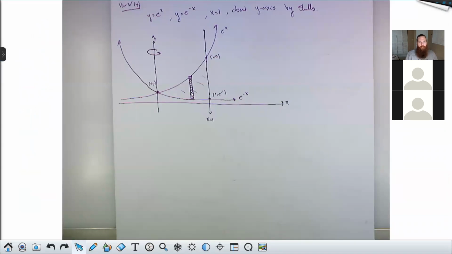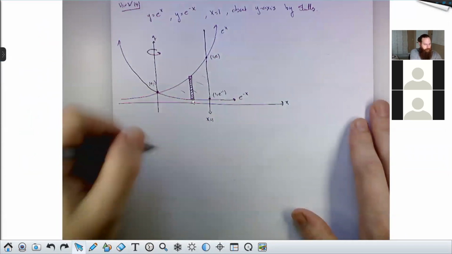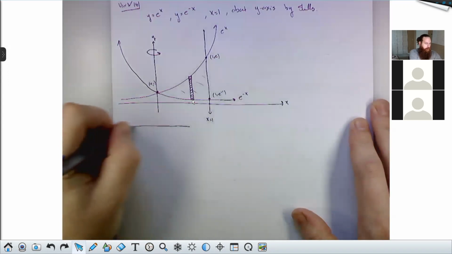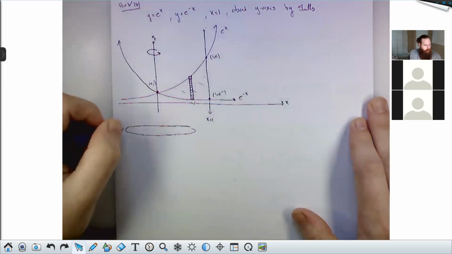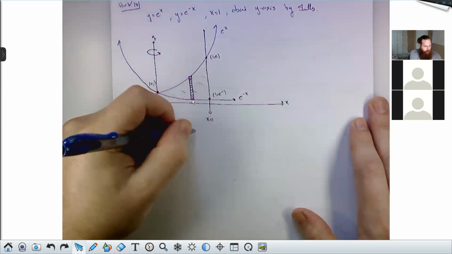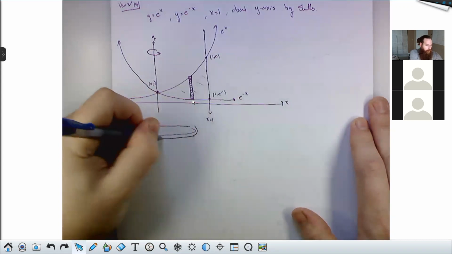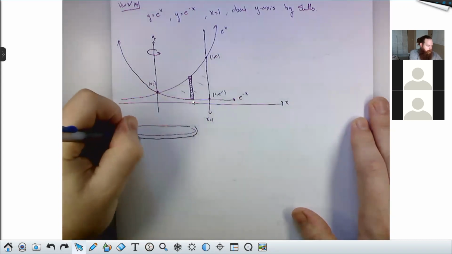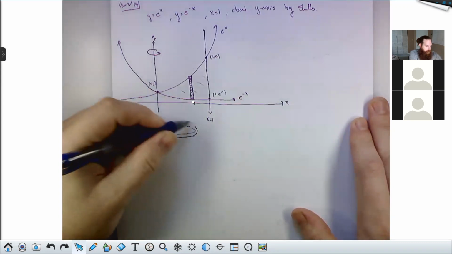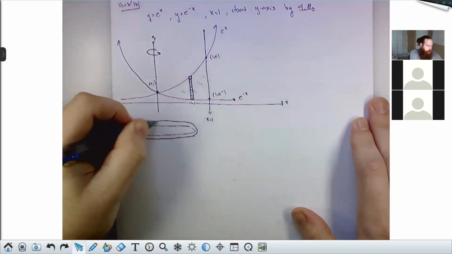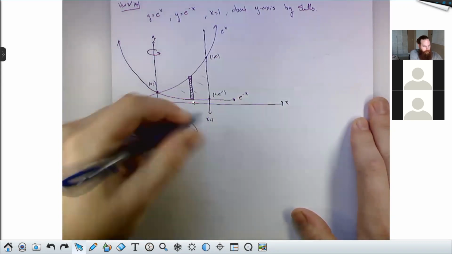Because if I imagine revolving just this strip, I'm going to get a little cylindrical shell. I'll do my best to draw it to proportion here, although surely I am no artist.